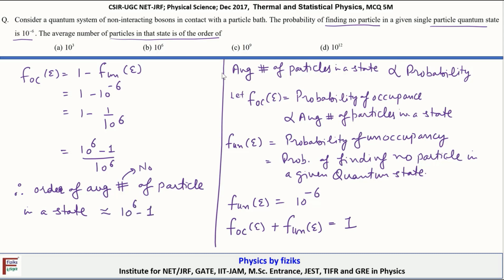It's basically a numerator, and if you just recall how the probability is defined, it is exponential minus beta e, and then in the denominator we have the partition function over all states. So this factor refers to the situation in a particular energy level, and that's why we are talking about the numerator here. So this is of the order of 10 power 6. Therefore option B is correct here.